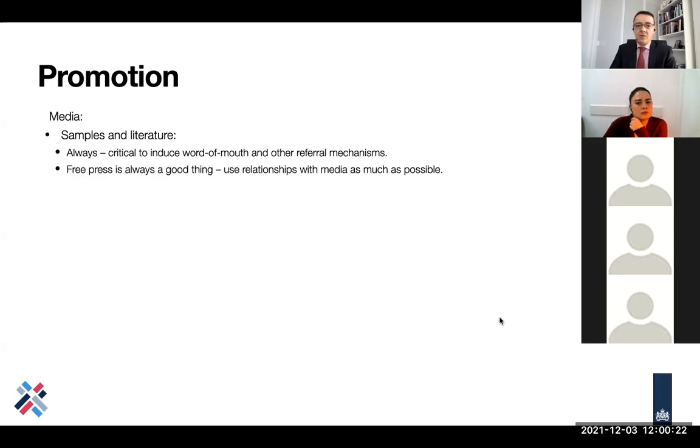Also, free press is always a good thing. So as the trade promotion organization or as the SME agency, one of your key roles is to help the companies that you're promoting get as much free press as possible.